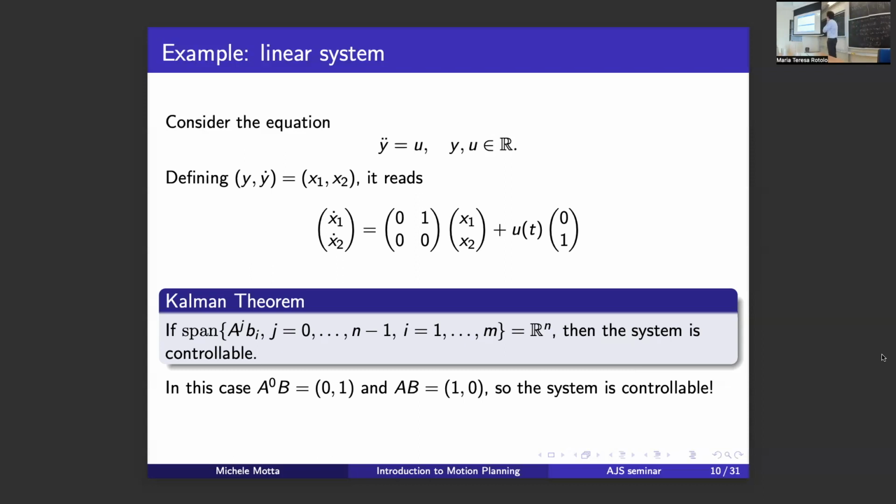In this particular example, you can see that A^0 times B is simply B, and AB is the vector (1, 0), and so these two vectors are independent and generate the whole R^2, and hence the system is controllable.